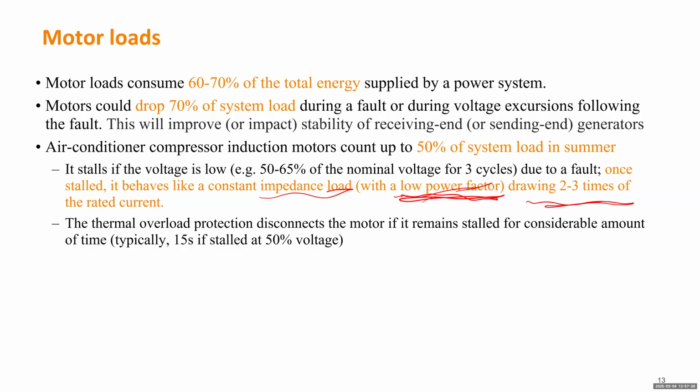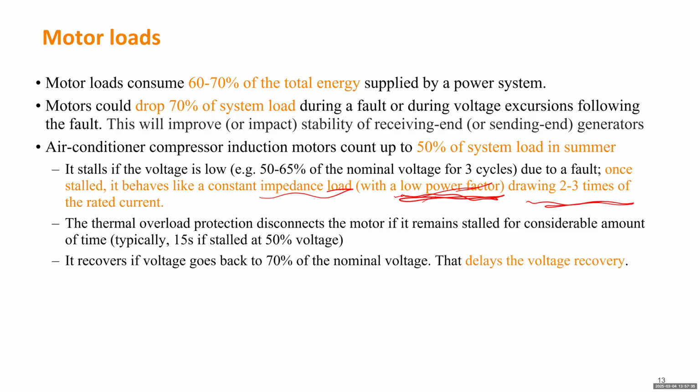The thermal overload protection disconnects the motor if it remains stalled for a considerable amount of time, such as 15 seconds, if it stalled at 50% of voltage. It recovers if voltage goes back to 70% of nominal voltage, and that delays the voltage recovery.